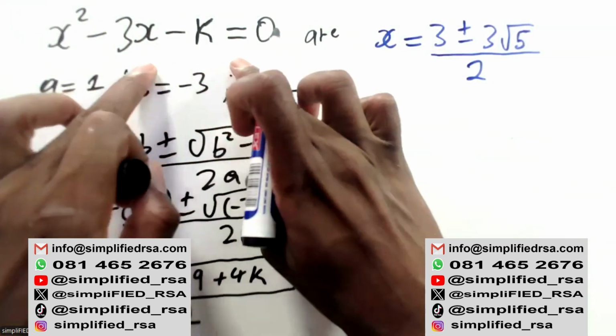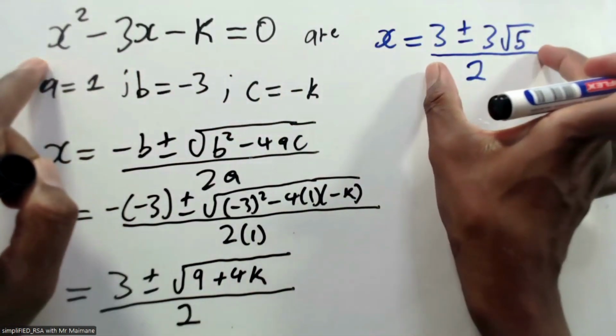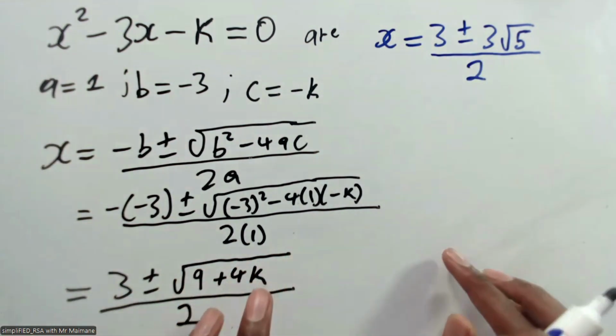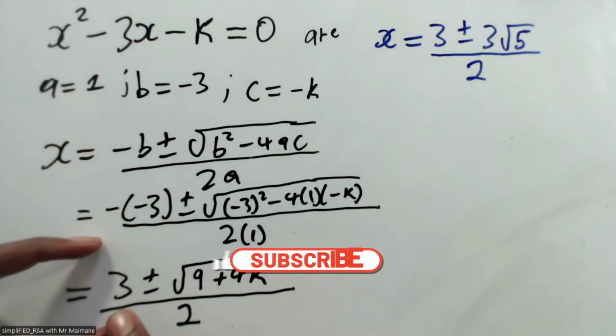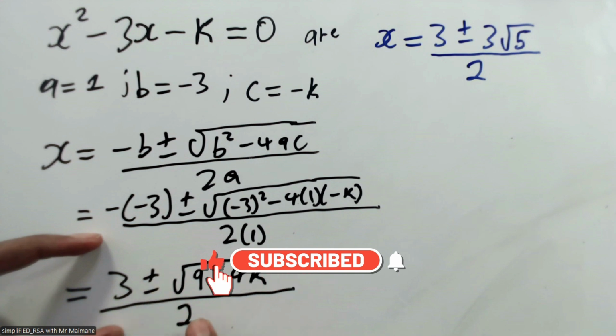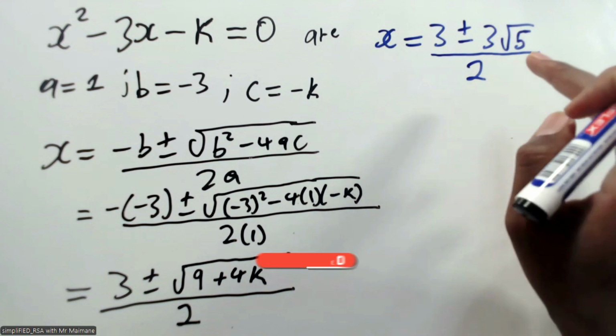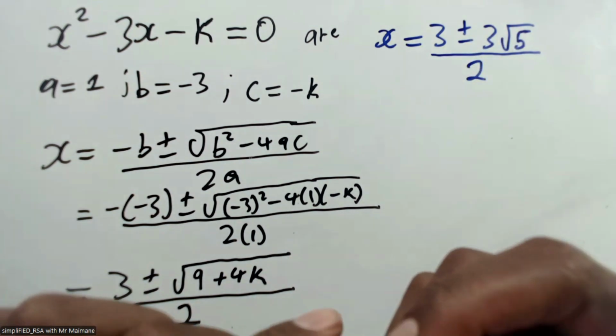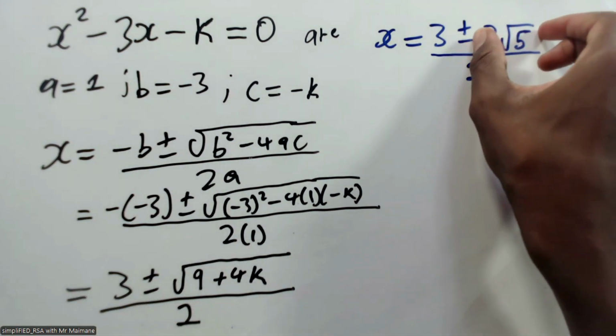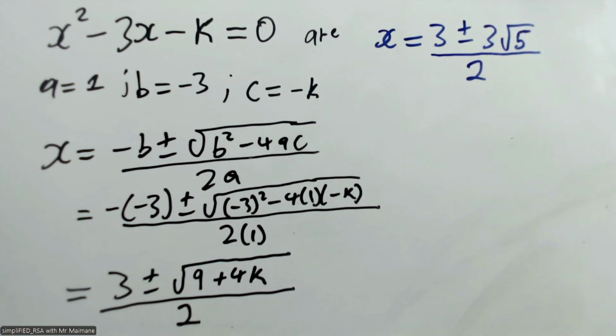But here I've been told that these roots are equivalent to that, meaning somehow I can see I have 3 plus or minus over 2 there. But this part here is not really like that. The 3 root 5 is the same as before it became that.